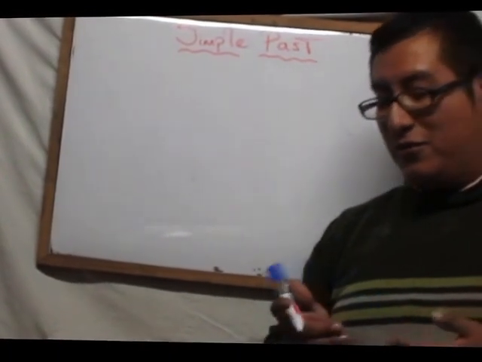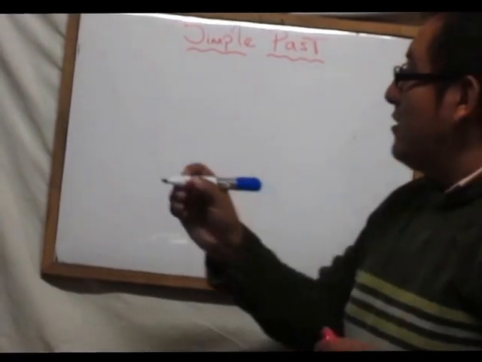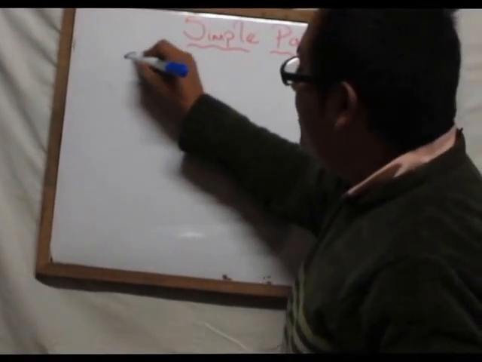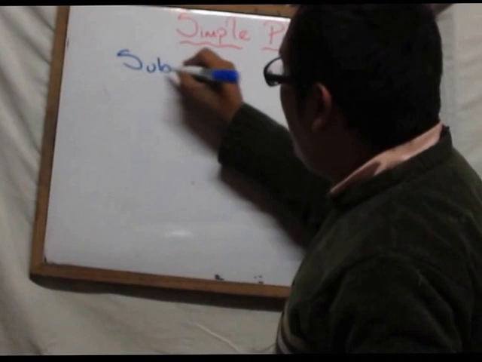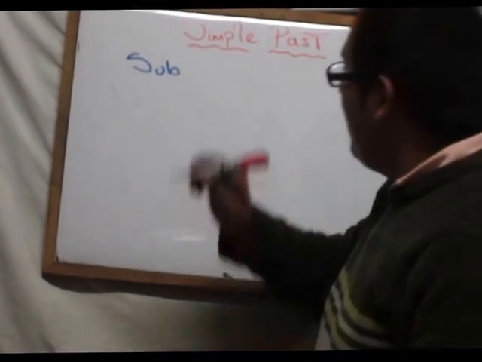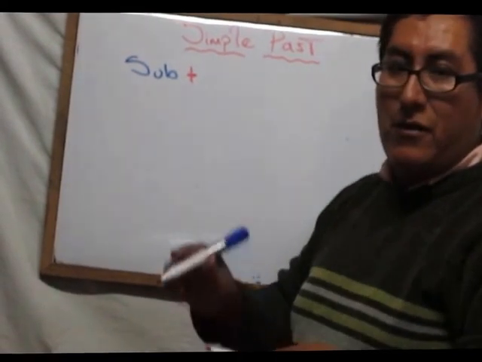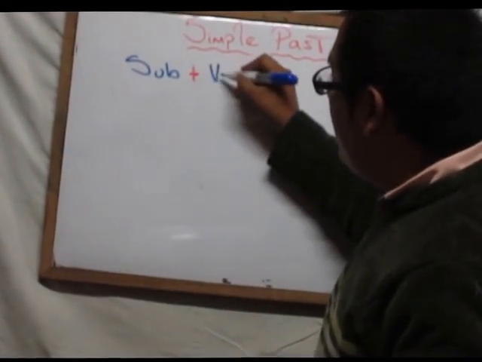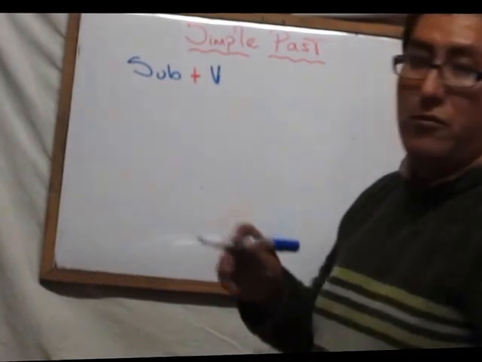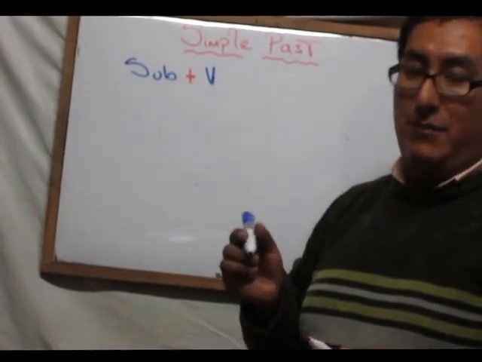It's very simple. For example, you use a subject plus a verb, a principal verb or verb in action, but in the past.